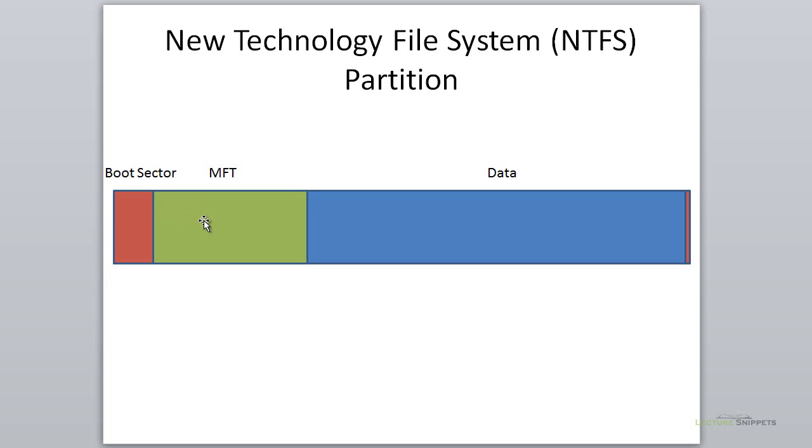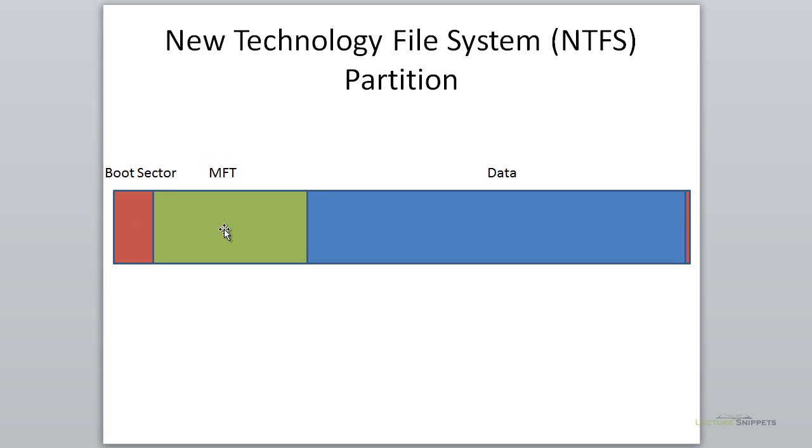What I show here is a linear layout of the partition beginning with the boot sector. The very first sectors of the partition will contain information on how to boot up the operating system that's located on this partition and load it up into your computer's memory. Following that, we have what's called the master file table. The master file table contains a record of every folder and every file on your operating system, and it keeps track of every one of those in here.